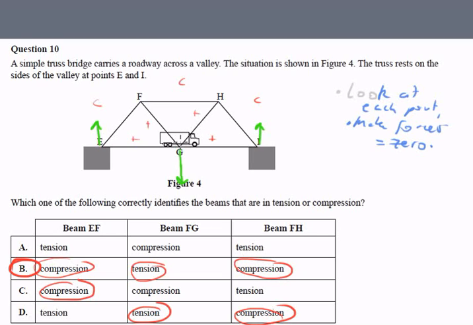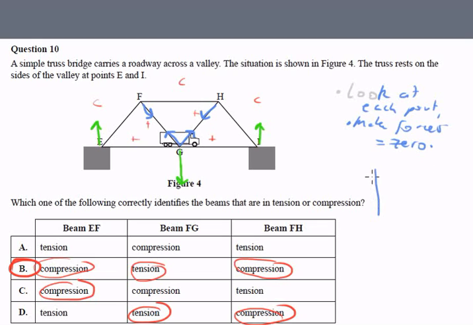Right, so let's look at this point here to start with. Obviously, if there's a downwards force, there needs to be some upwards forces. So from here, there's got to be an upwards force and an upwards force to cancel out with that downwards one. Within the beam itself, within each beam, the other end is equal and opposite. Okay, so that's going to be there, and that's going to be there. Then you've got to say, well, is that tension or compression?